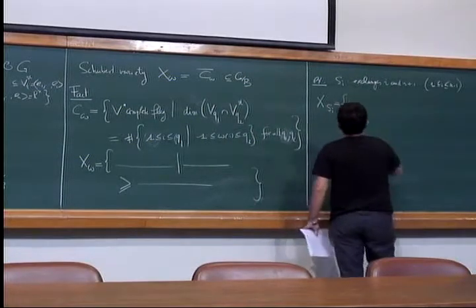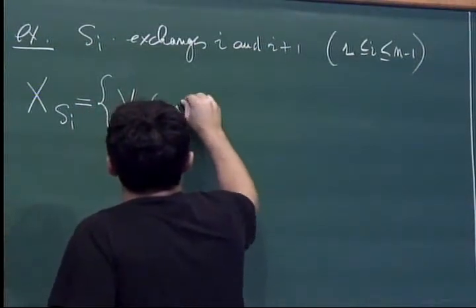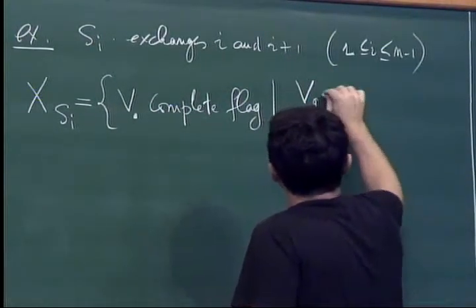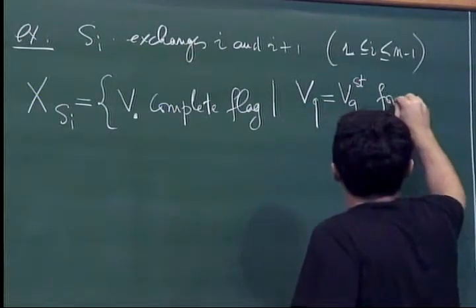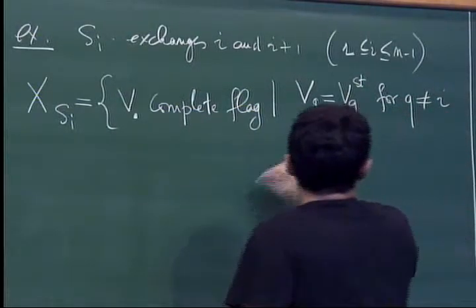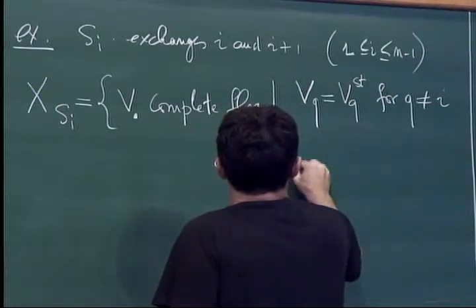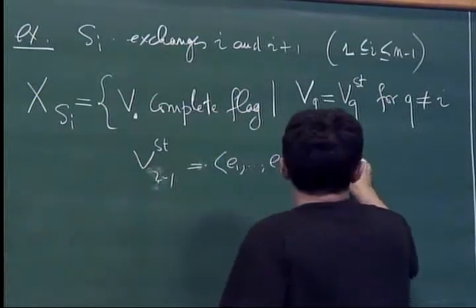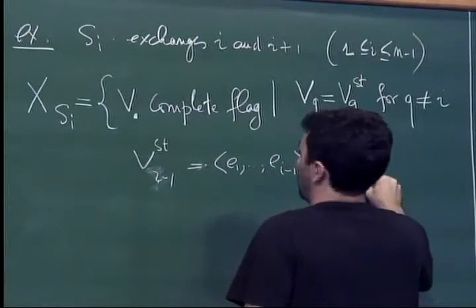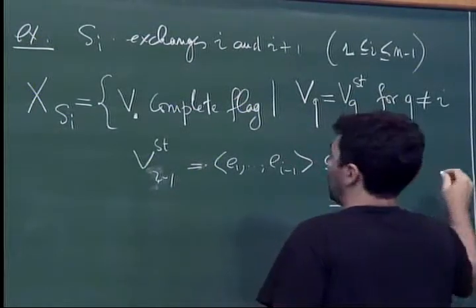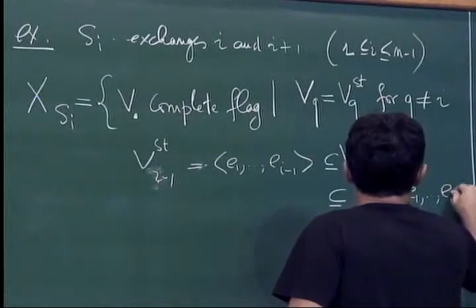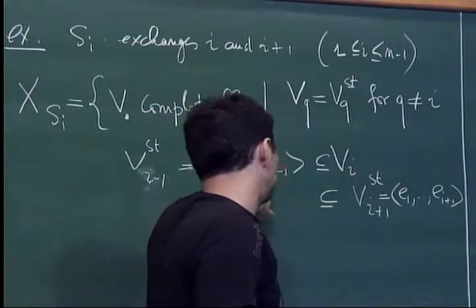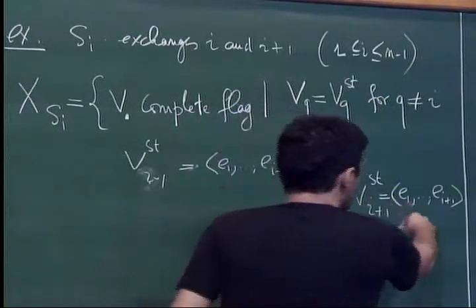So in the end, you get that this is a set of complete flags such that V_q is exactly V_q standard for q different from i, and so this is the (i-1) standard contained in V_i contained in the (i+1) standard one, so e1 up to e_{i+1}. So V_i has dimension i, it has to contain this vector space of dimension i-1, and has to be contained in this one of dimension i+1.